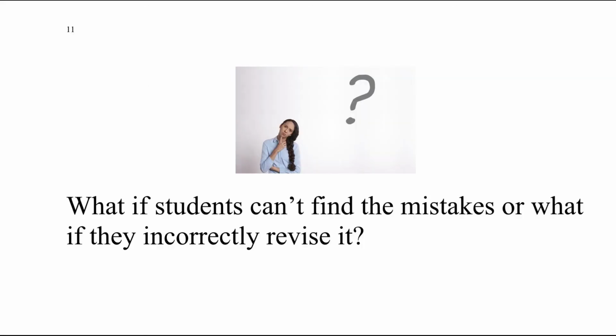Now, some of you are probably wondering, but what if students can't find the mistakes? Or what if they correct something incorrectly? Good question. The answer is connected to one of the absolute most enjoyable aspects of teaching writing to ESL students. It's called conferencing.